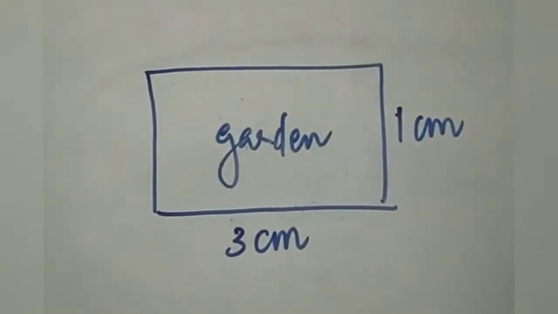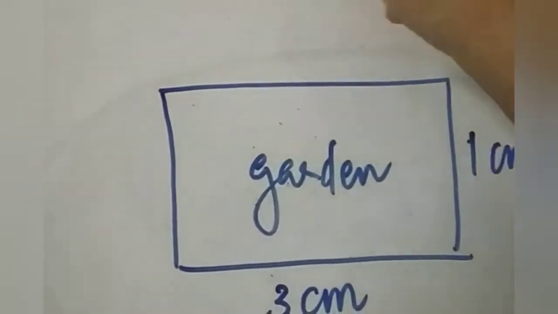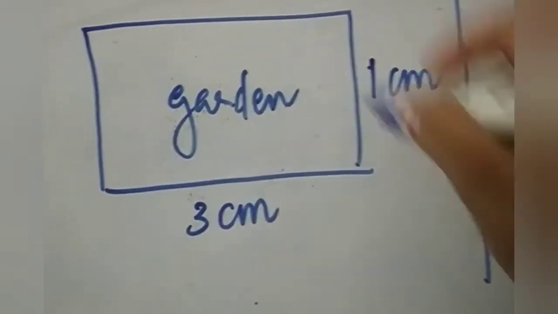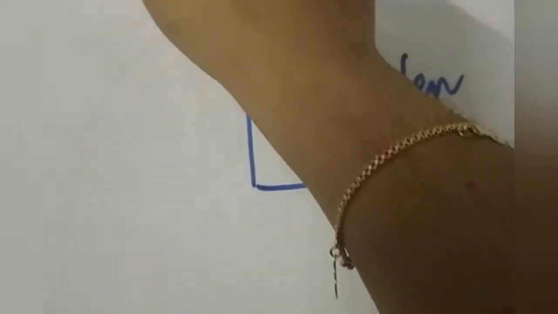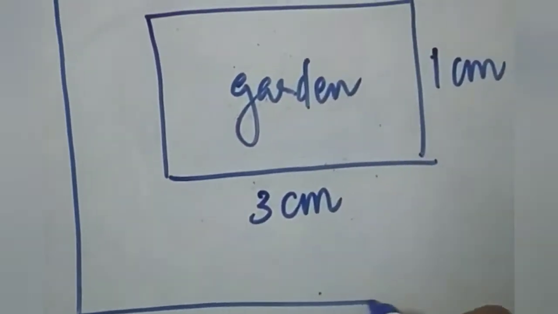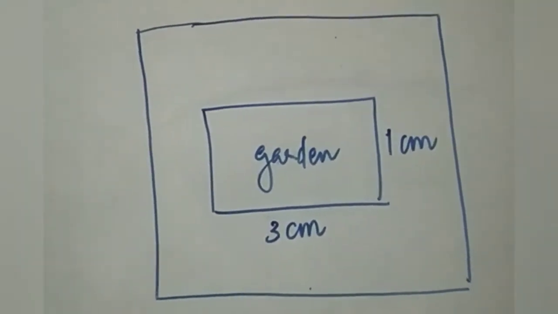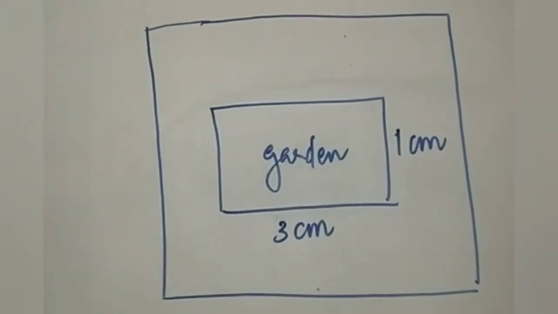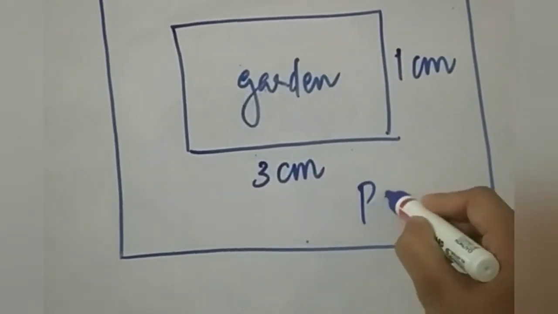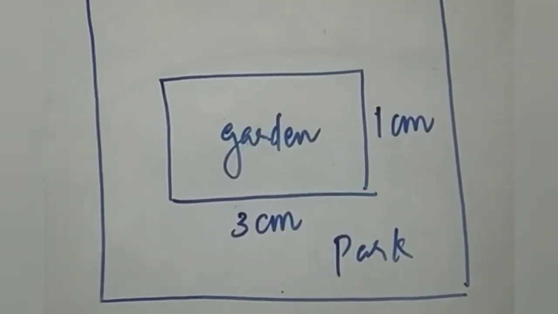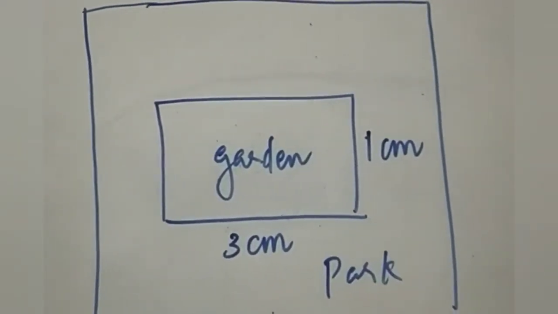So this garden is actually inside another park, a park which is also in the shape of a rectangle. So this is the park, and inside this park we have a garden.